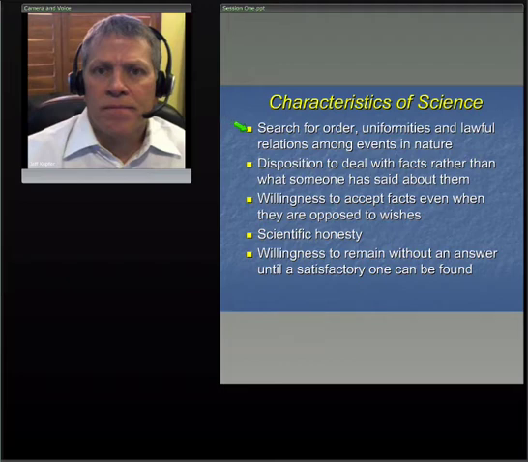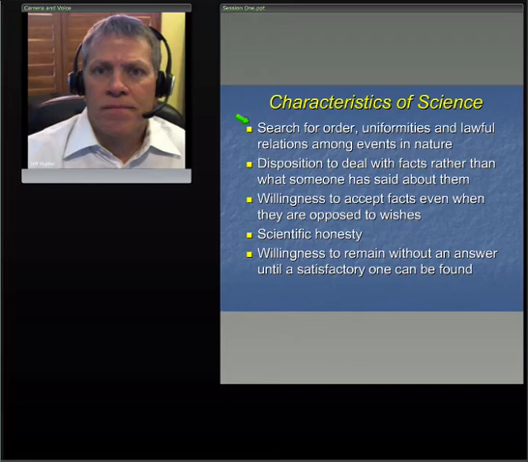Starting with the first one, we talk about a search for order, uniformities, and lawful relations among events in nature. And here what we're really talking about is determinism. Now, you will see details in the Pearson Cheney book, which talks a little bit about this notion of determinism.